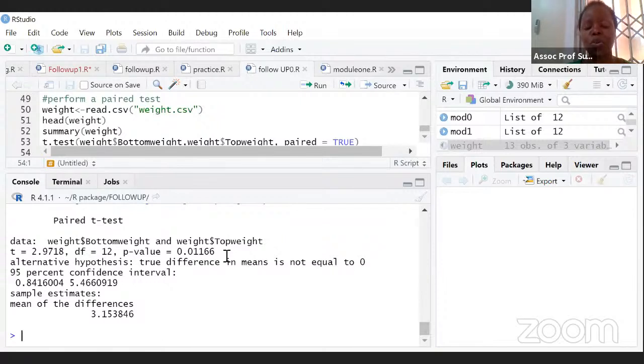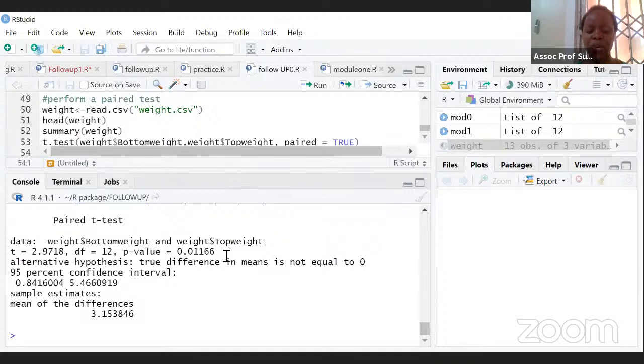So we are going to compare the calculated p-value, which is 0.01166 from your output, with our significance level of 0.05. If we get anything less than 0.05, then we know that there is evidence to reject the null and conclude that there are significant differences between the weight of the seeds for the bottom and top.